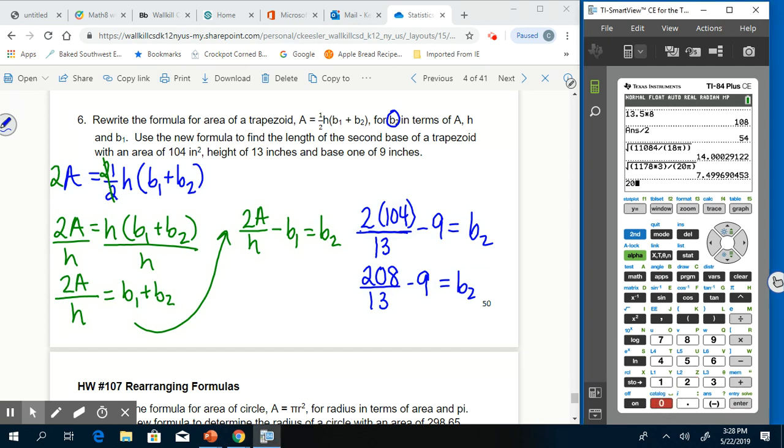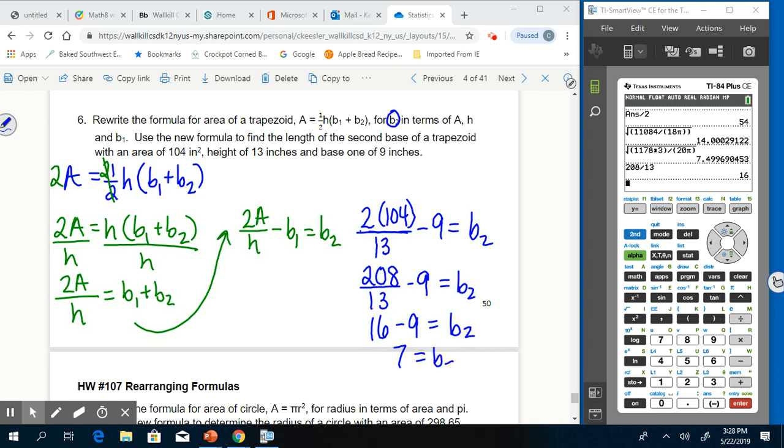So 208 divided by 13 is 16, minus 9 equals base 2, and 16 minus 9 is 7. So our second base is 7.